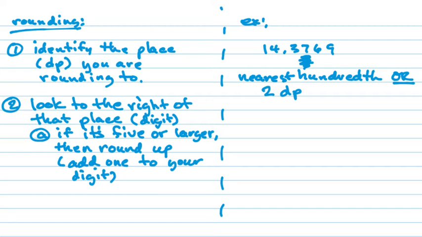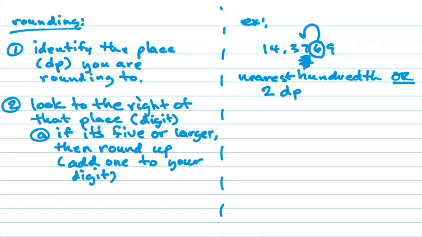So, in this particular example, we're rounding the 7, right? That's where we want this decimal to stop. What is the digit immediately to the right of the 7? 6. Now, if rounding has been an issue for you in the past, I cannot stress how much circling the digit that you're looking at will make a difference in your life. So I always circle the one I'm thinking about. Is 6 5 or bigger? Yes.